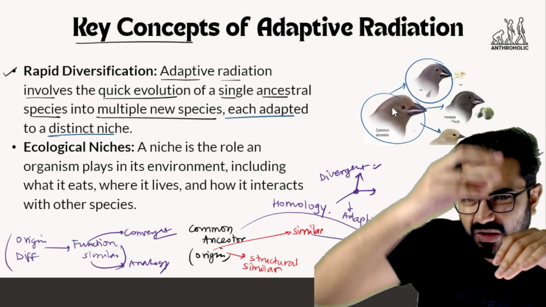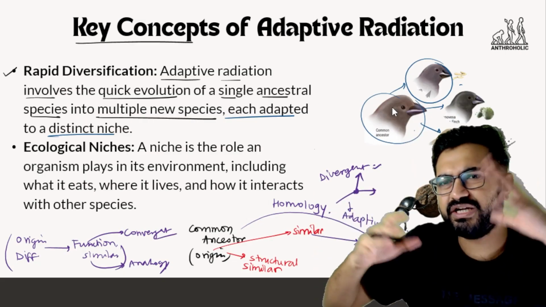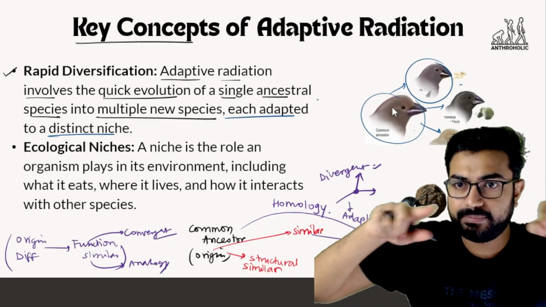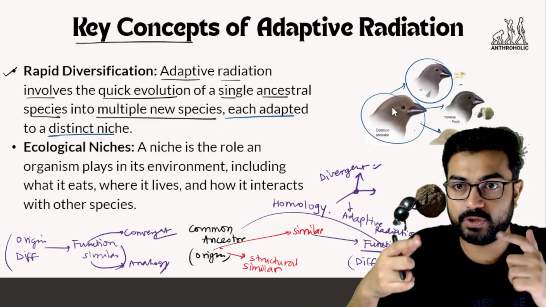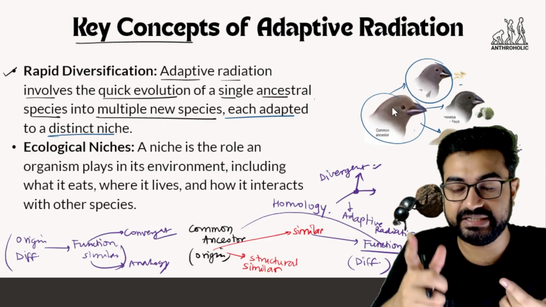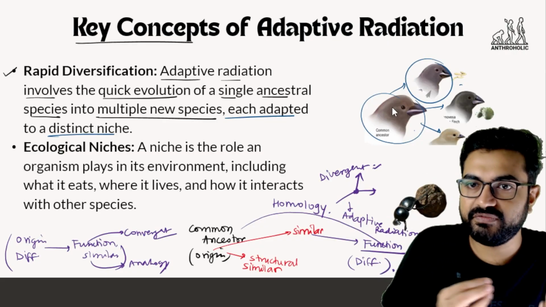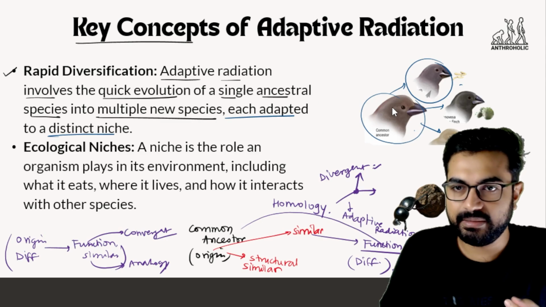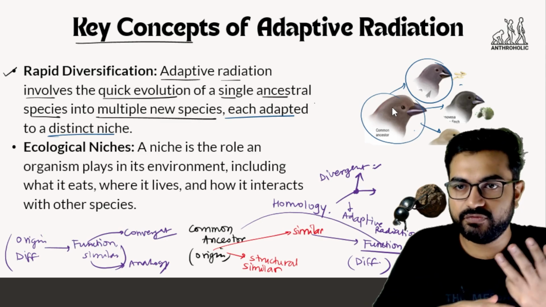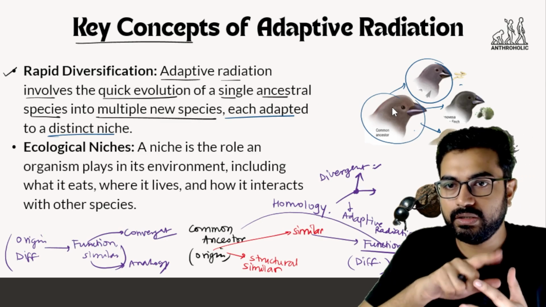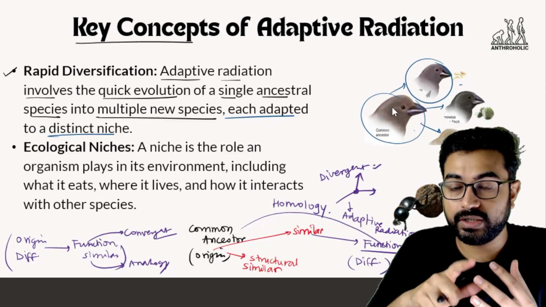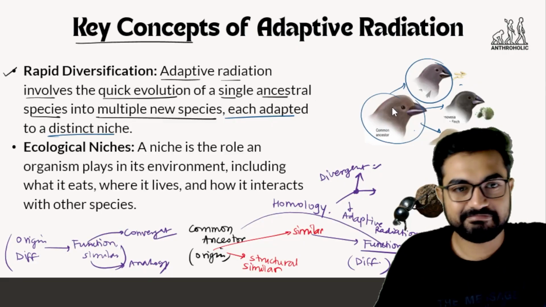So many different types of finches inhabited the Galapagos Islands, where Darwin initially went and studied these birds. This is how he told the story of adaptive radiation. This is how nature selected, and because of their adaptations, they evolved into various different forms according to the demand of their particular niche.